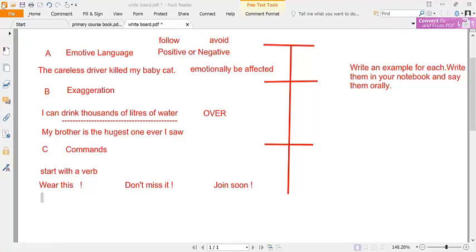Sarah. Mister, can I say the first one and the third one? I don't know what to say in the second one. Okay, say the first. My grandpa is dead. Okay. And the third one is join this lesson.